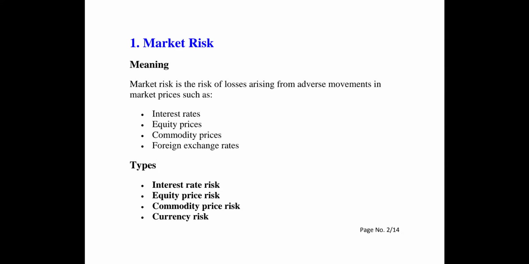Market risk is the risk of losses arising from adverse movements in market prices such as interest rates, equity prices, commodity prices, and foreign exchange rates. Types: interest rate risk, equity price risk, commodity price risk, and currency risk.